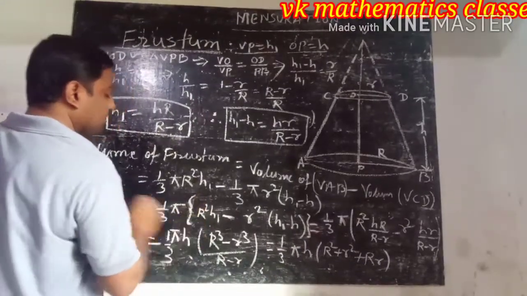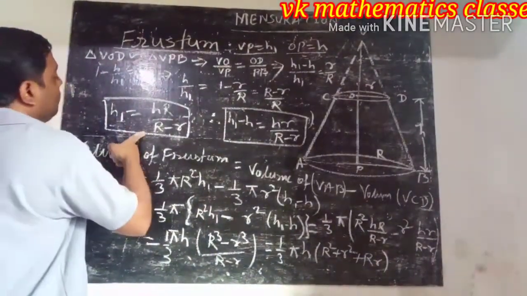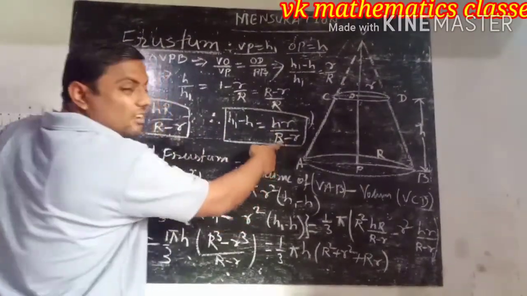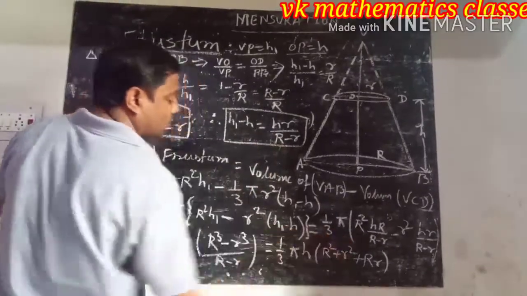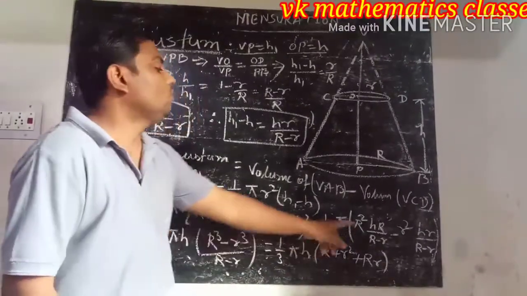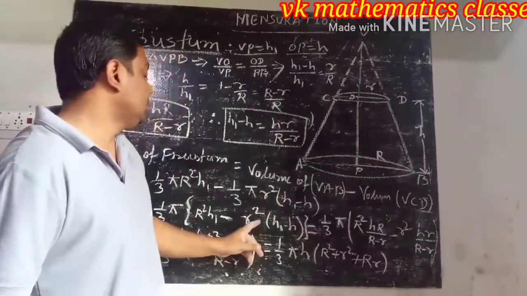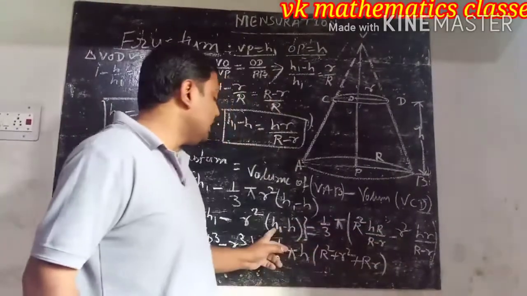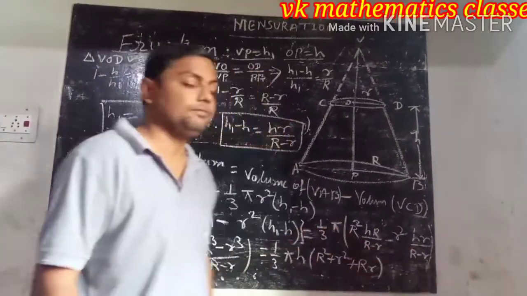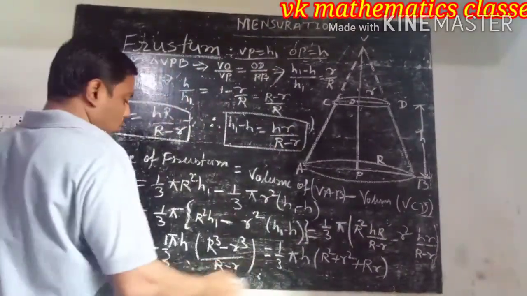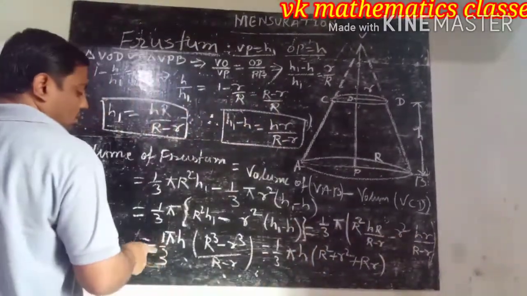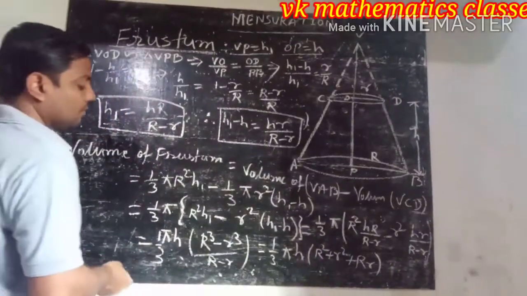Suppose this middle bracket, and the value of H1 is equal to HR by R minus r, and H1 minus H is Hr by R minus r. Putting the values here, 1 by 3 pi, R square into H1 equal to HR by R minus r, and r square into H1 minus H equal to Hr by R minus r. So H is also present in both, so H is taken out, 1 by 3 pi H common.